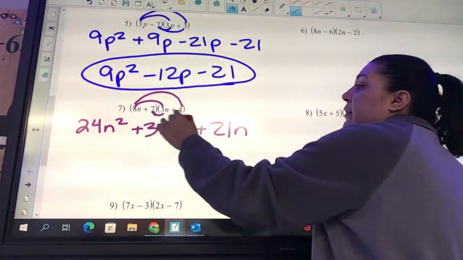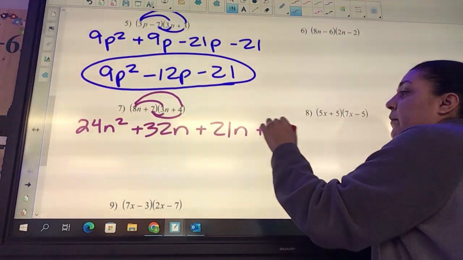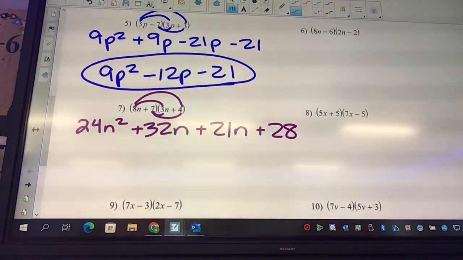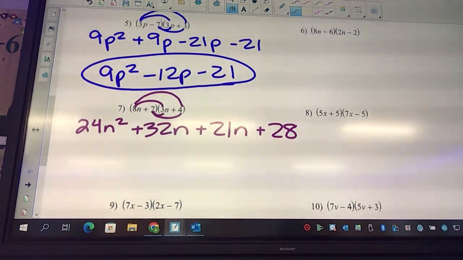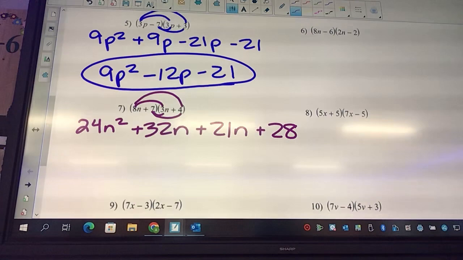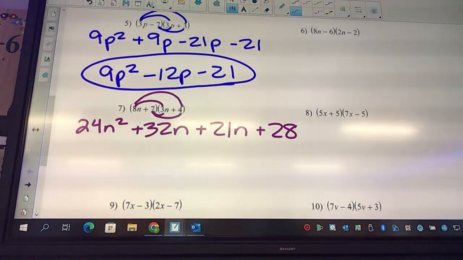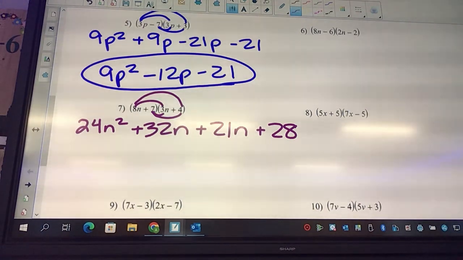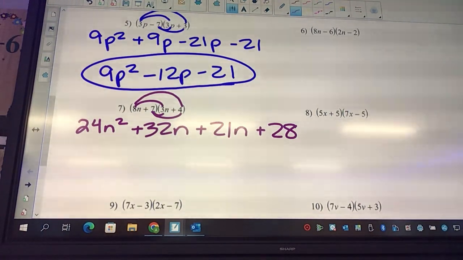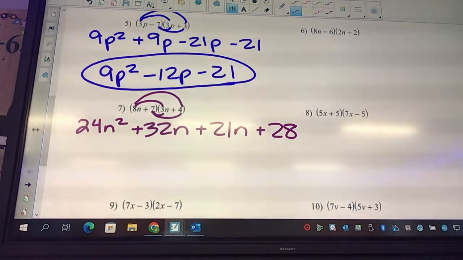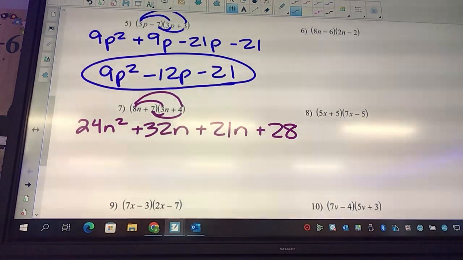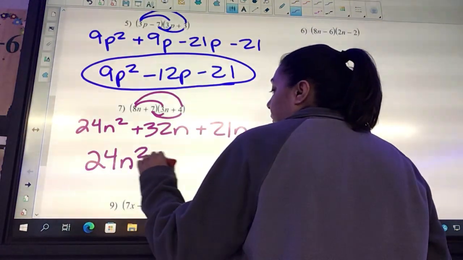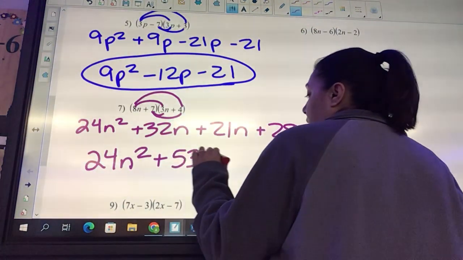And then 7 times 4? 28. Which ones can we combine? 32 and 21. And what's that going to give us? 53. 24 and 2. Does somebody agree? 53n plus 28.